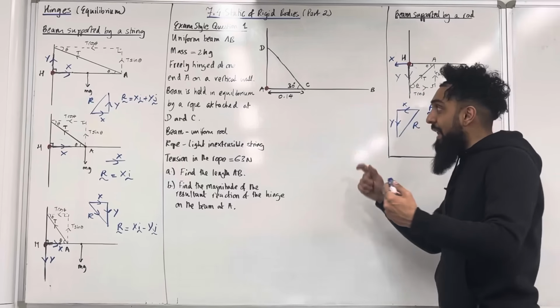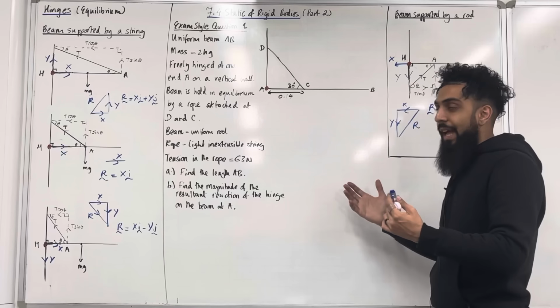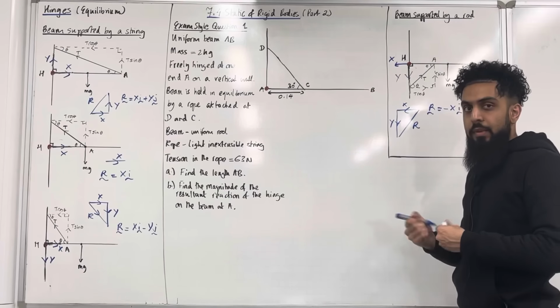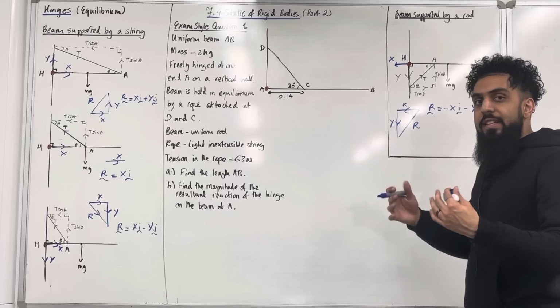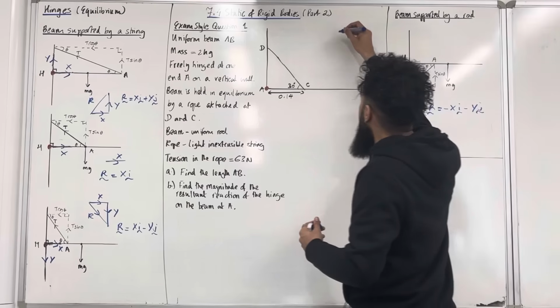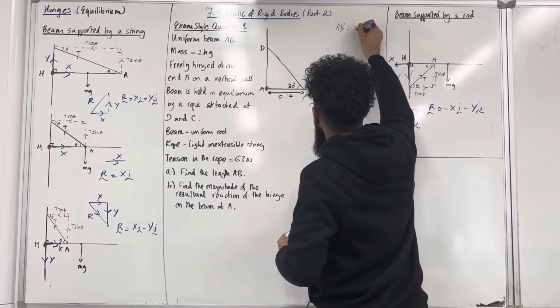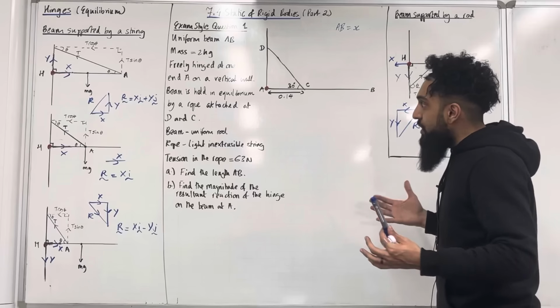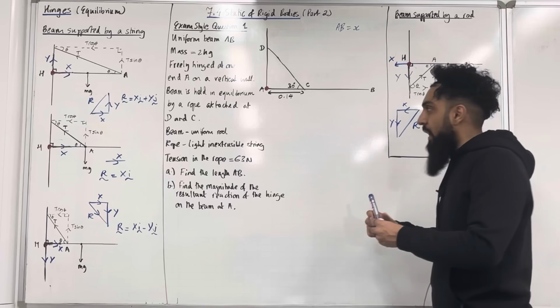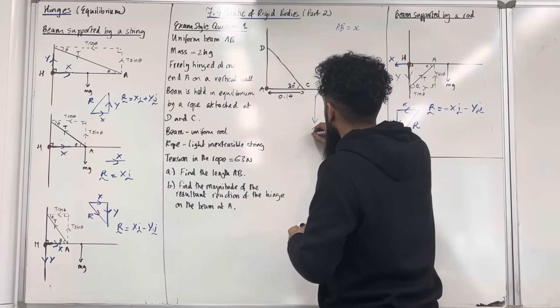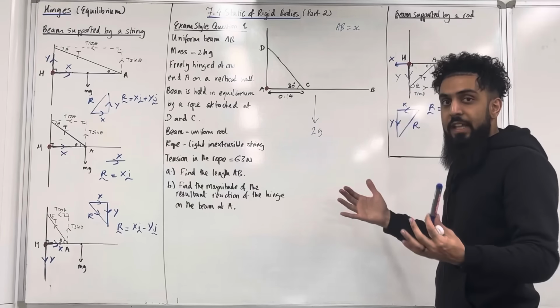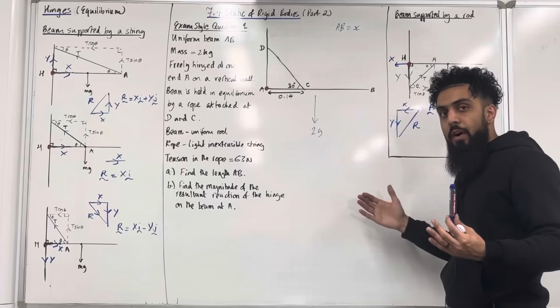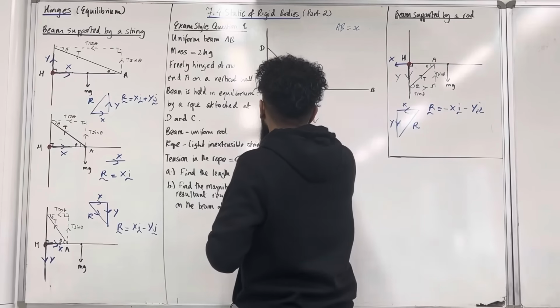I'm going to start by labeling all the distances and forces acting in this particular beam. Firstly, let's call the distance AB x. So AB is equal to x. Now the weight of the beam is going to act at the center, and that weight is 2g. The weight is going to split the distance x into 2 equal parts, and those 2 equal parts are x over 2.